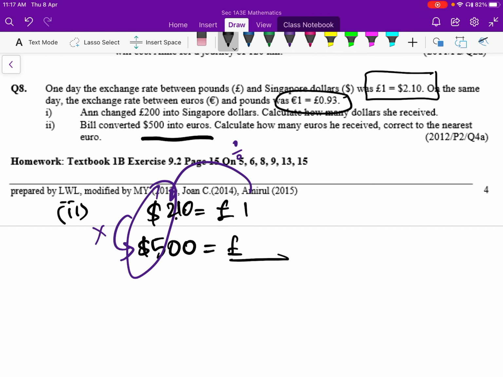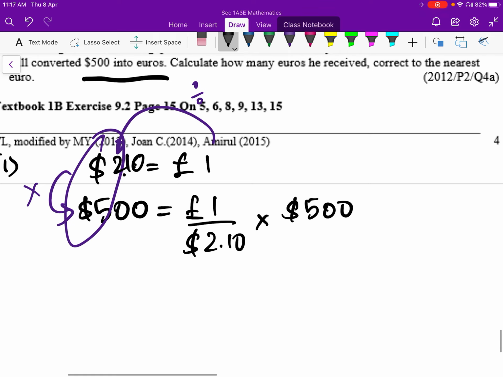And now I can use my same structure: 1 pound divided by $2.10 multiplied by $500. In the same way, the dollar sign will cancel off and your final answer will be in terms of pounds. Isn't that great? It is a way for you to do your checking also. But if you're really confident with your work, you don't have to write the units over here. You can just write the units at the last part. You may write the pounds properly.